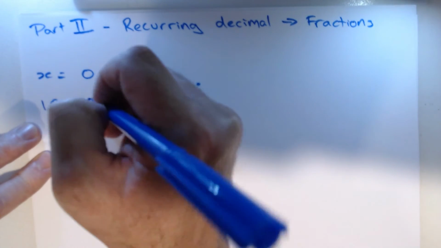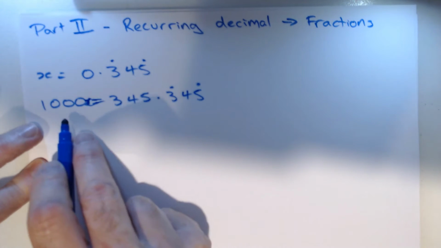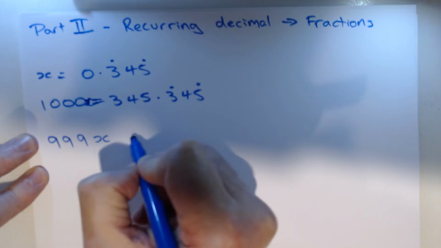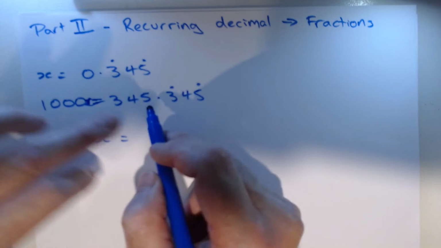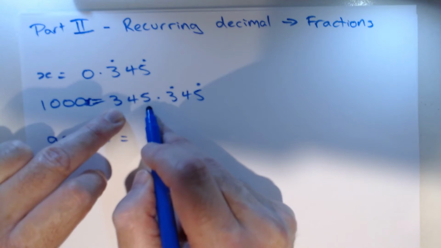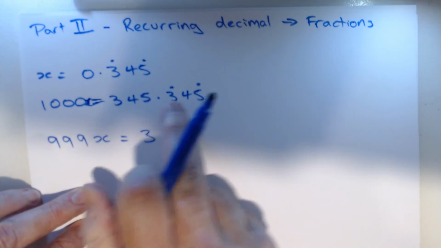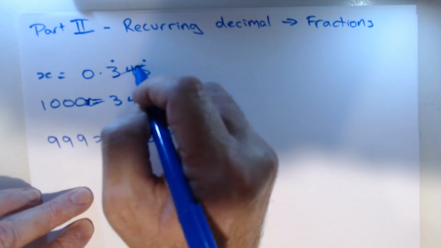Now, because we've got the 0.345 repeating on both of these, let's clarify. So that means that now our 999x is going to be equal to the 1000x minus the x, which is going to leave us with just 345, because our decimal component for both numbers cancels out.